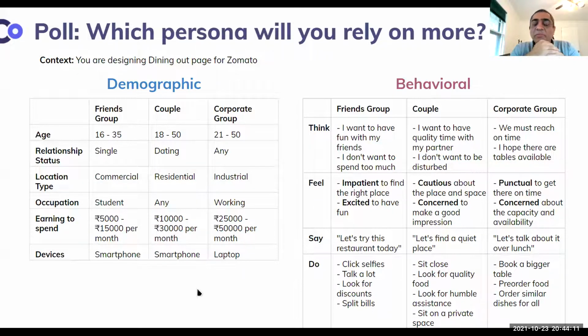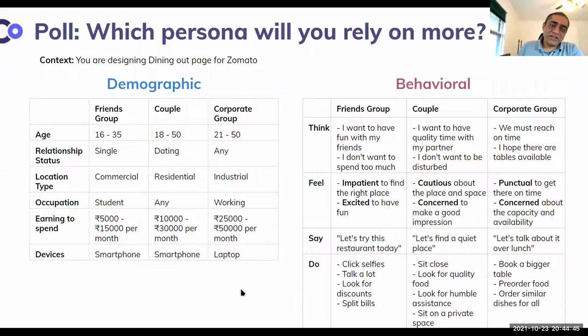All right, we need 20 more people to kind of give in their feedback. Awesome. So majority of you said behavioral.